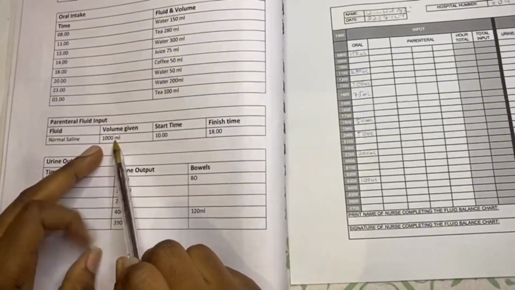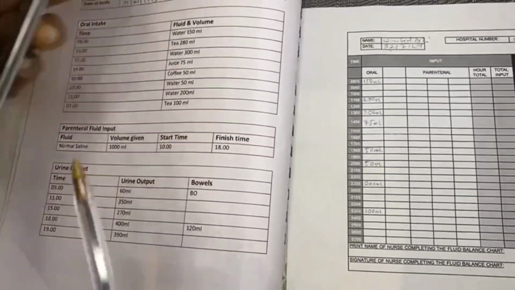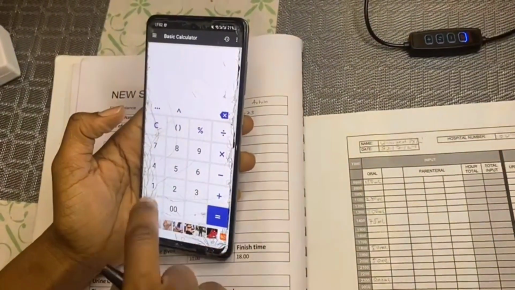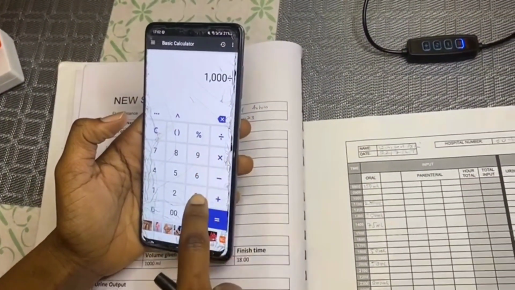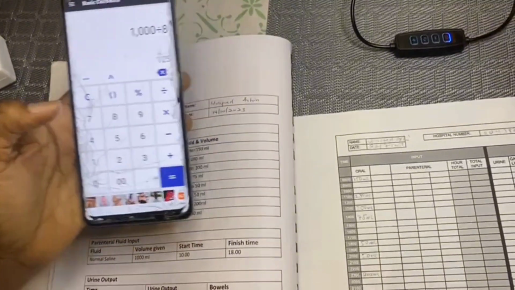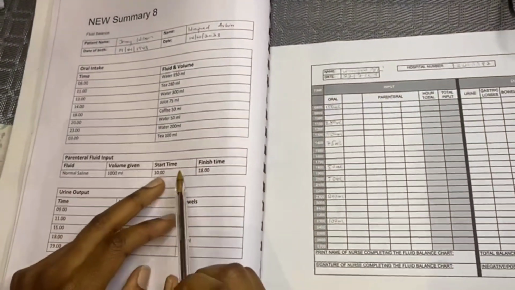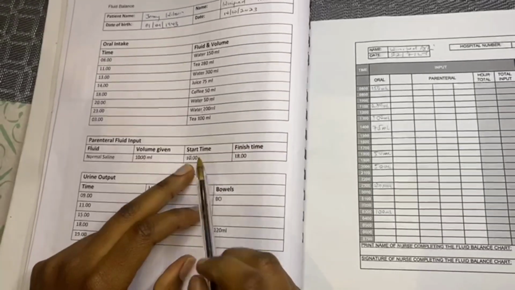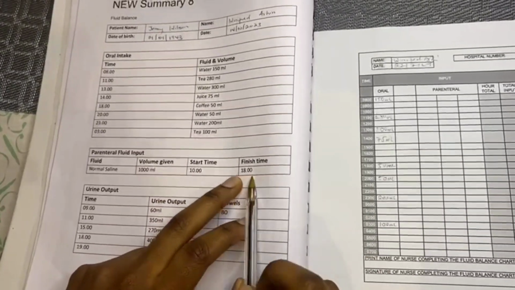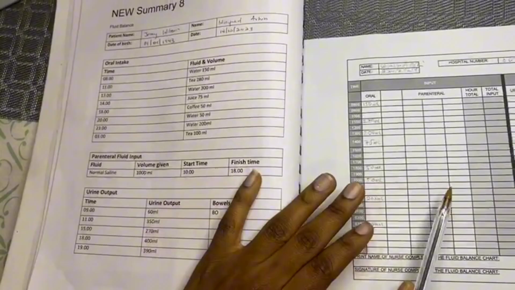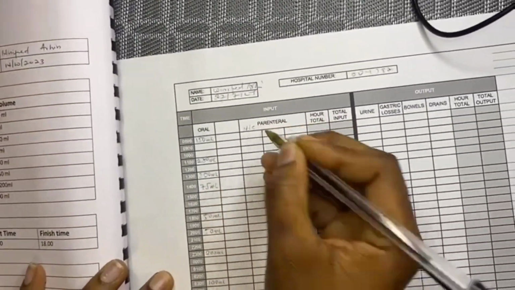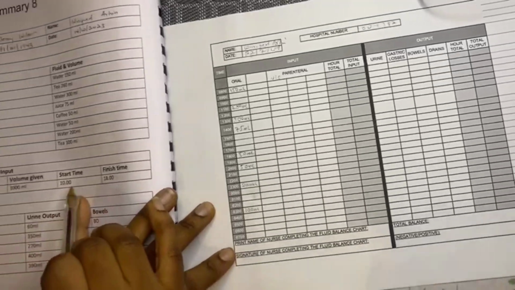All right, so we divide the 1000 ml by the 8. That's 125 ml. So this shows that within 8 hours, this patient is going to take 125 ml of normal saline from 11 a.m. towards 18, and that's 6 p.m. So we are going to indicate this on the parenteral. Make sure you indicate it by writing the normal saline, N/S. We start the start time at 11 a.m., so we start here.